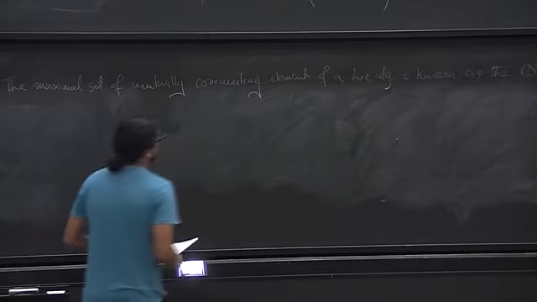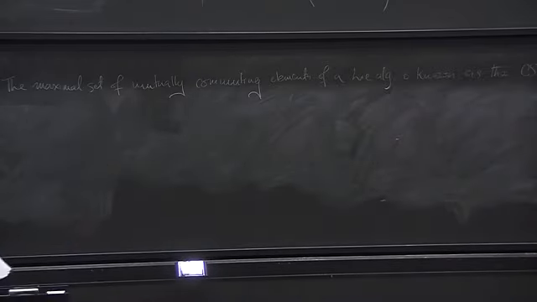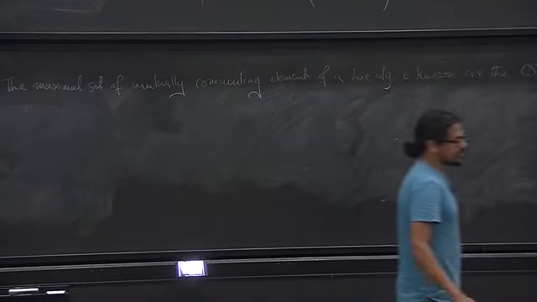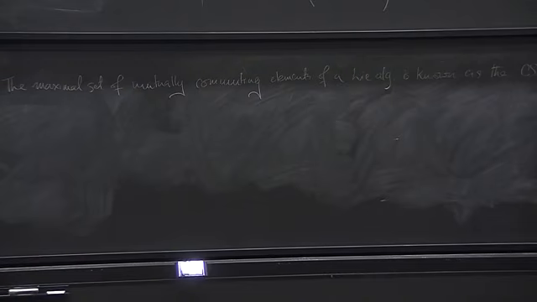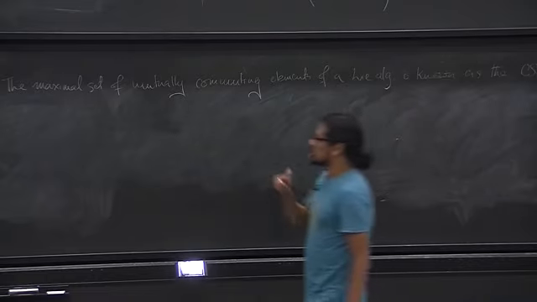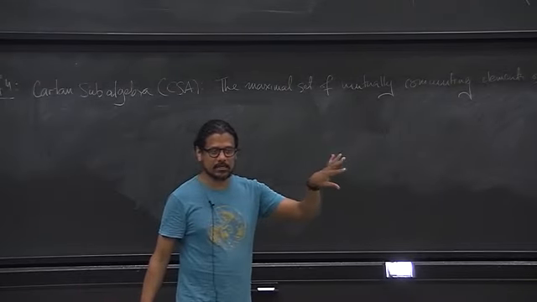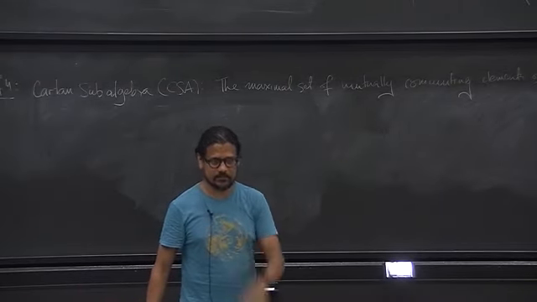And for SO(2L), you can convince yourself this is the maximal set. The way to see it is to see that each of these generators generates rotation in disjoint planes.